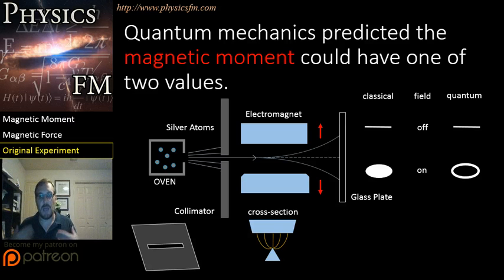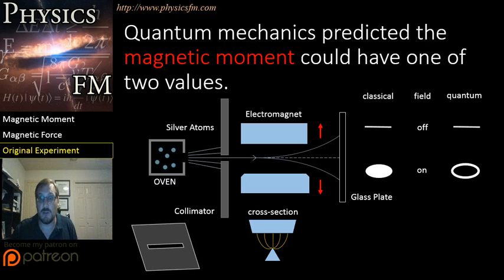So if we had a classical vision like we saw earlier, where we could have had any particular projection of the magnetic moment of the silver atom on the applied field gradient, then we'd end up with a big filled-in circle, right? We'd have a big filled-in circle deposited on that plate because we'd have forces of all sorts of different values. However, if we had a quantum mechanical treatment, there'd only be two possible values, and so this thing would open up.